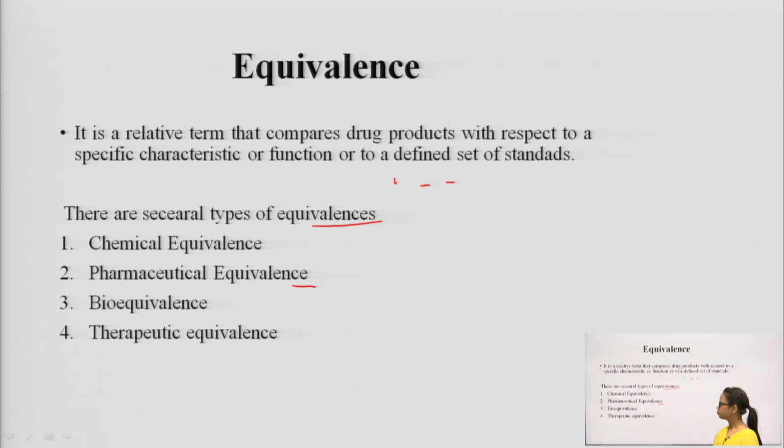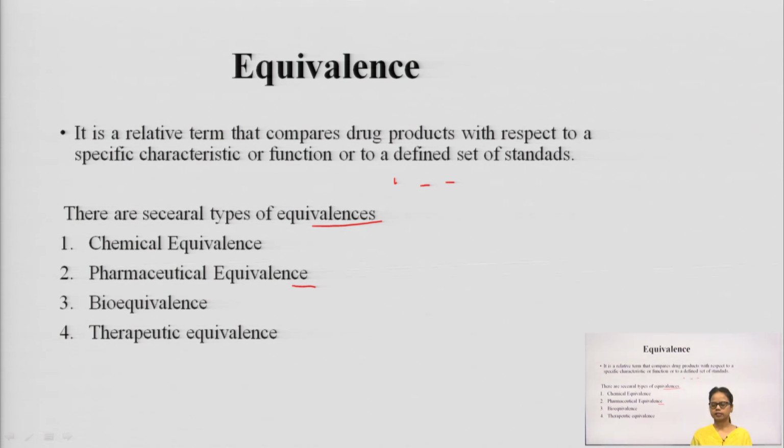Pharmaceutical equivalence means when there is the same salt but two different dosage forms. For example, in the market we have seen diazine tablets and also diazine syrup. Also, there are crocin tablets and crocin syrup for kids, and like this paracetamol tablets and paracetamol syrups for kids.